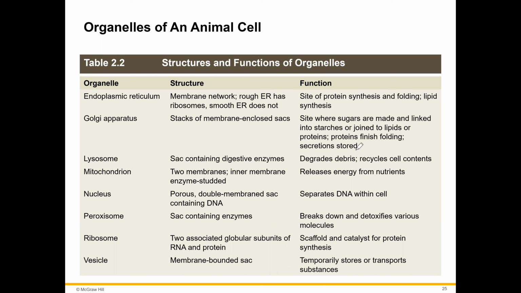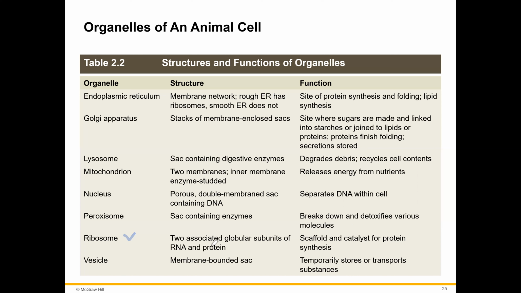Proteins finish folding, and secretions are stored inside the Golgi. Lysosomes, sacs containing digestive enzymes, degrade debris and recycle cell components. Mitochondria, two membranes, inner membrane enzyme-studded, release energy from nutrients in your food. Nucleus, porous double-membrane sac, contains DNA and separates DNA within the cell. Peroxisome, sac containing enzymes, breaks down and detoxifies various molecules.